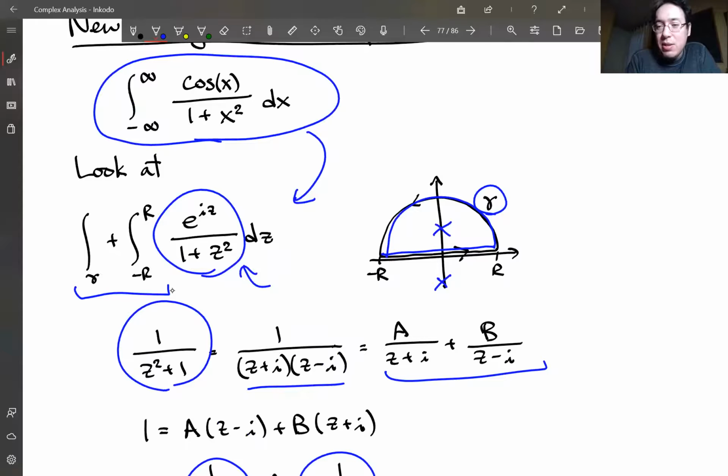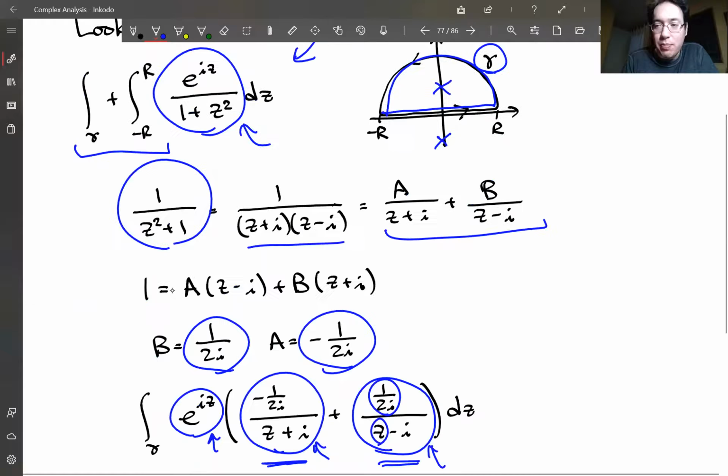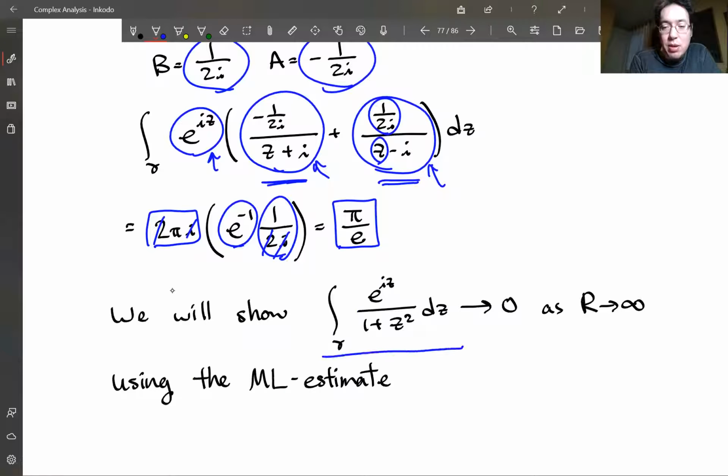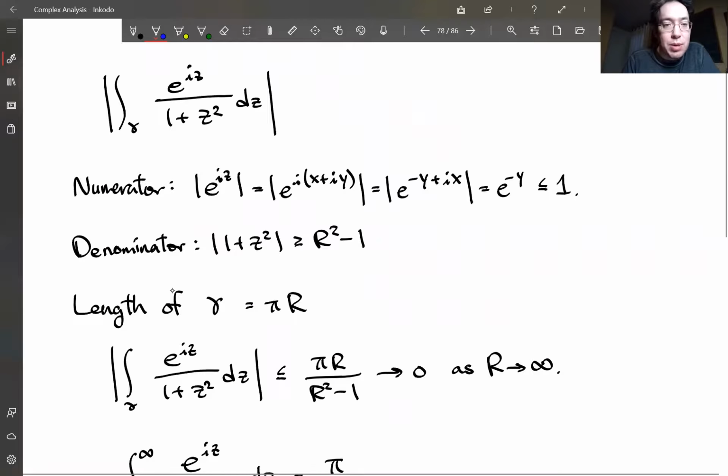But we have this extra portion, the integration of the semicircle, that we want to get rid of. So what we're going to do is show that the semicircle portion actually goes to 0 as r gets bigger and bigger, using the ML estimate. Let's see how this works.